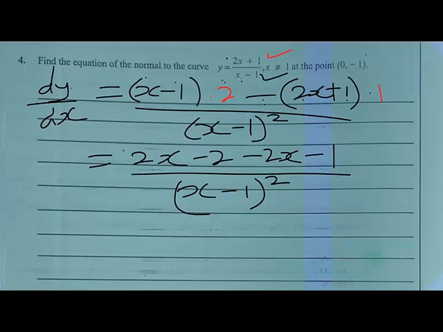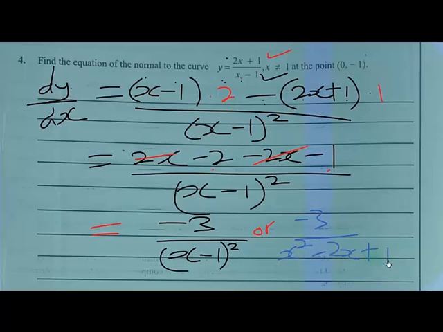So when we simplify this, 2x minus 2x will go, and then we are left with -2 minus 1, and that will give us -3 over x minus 1 all squared. Or you could expand to get -3 over x squared minus 2x plus 1. So that is dy dx for you.